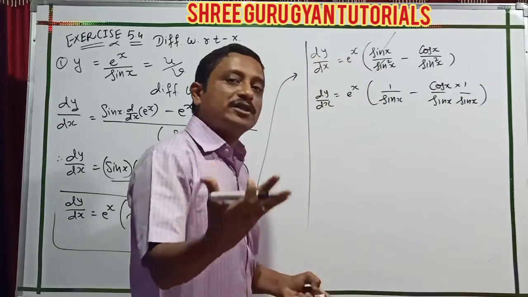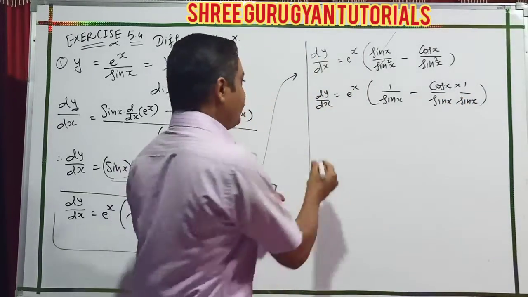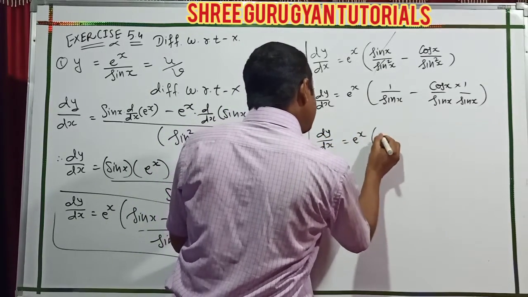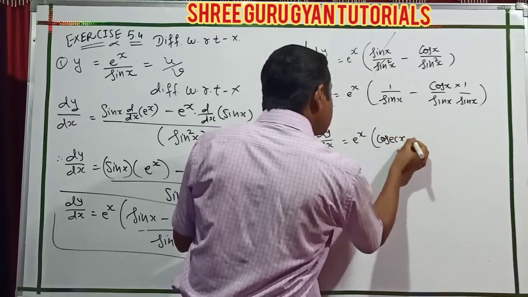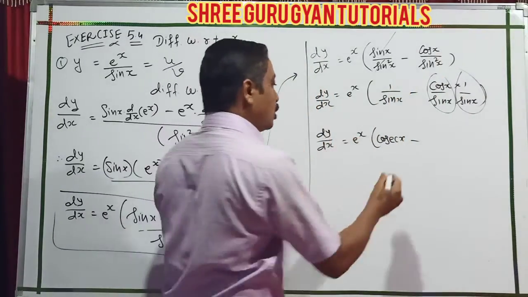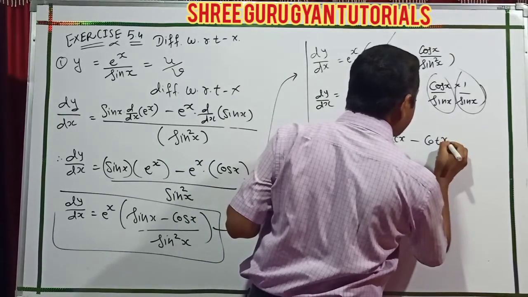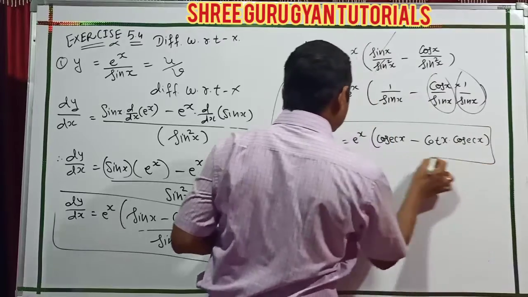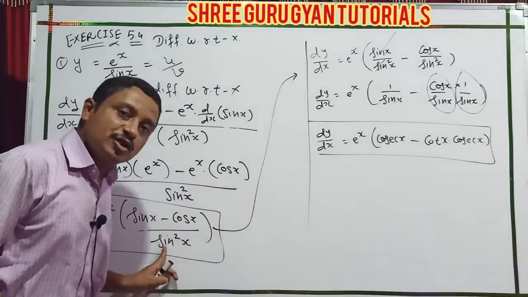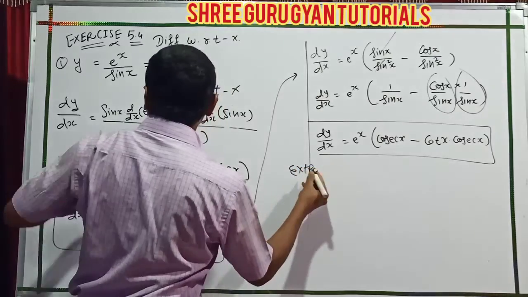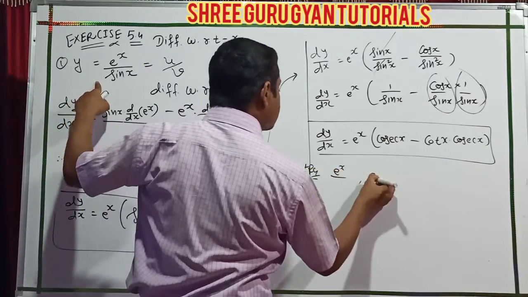Then another new answer is also valid here, students. dy by dx is e raised to x times cosec x, and here there are two identities, one of the cot and one of the cosec. So this answer is also true and that answer is also true. Now I give you extra sums for more practice, e raised to x same as.